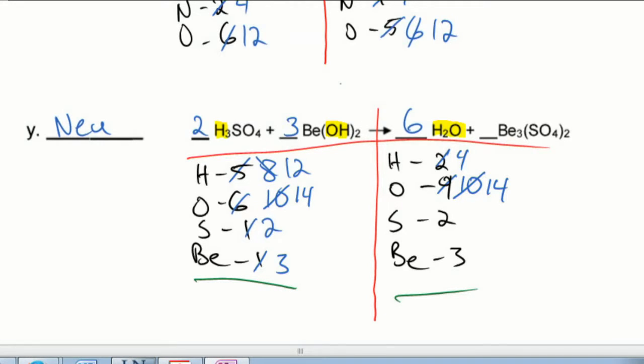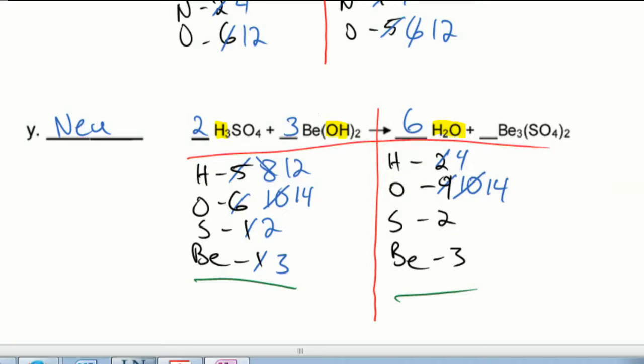So you always want to try to do the things that show up only in one spot first, because it doesn't really allow you any opportunities to balance things out if there is just that one spot. It's not just going to magically work. So the beryllium, because it was just by itself here and just by itself here, that needed to get done first.